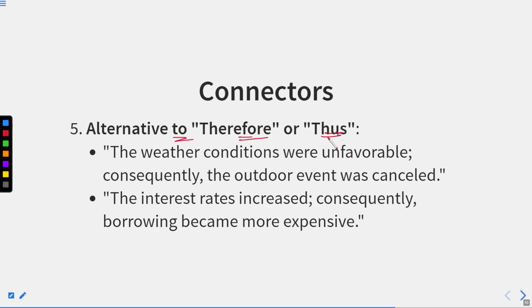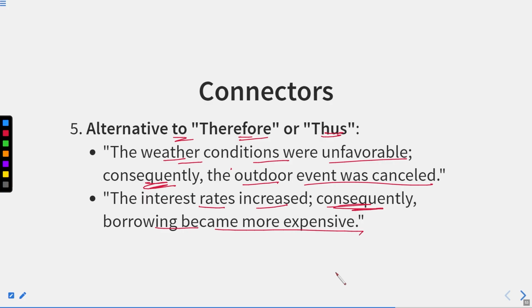Alternative to therefore or thus. Now, this word consequently can be an alternative to therefore, thus, as a result, hence. So all these words can be substituted with one another. The weather conditions were unfavorable. Consequently, the outdoor event was cancelled. The interest rates increased.